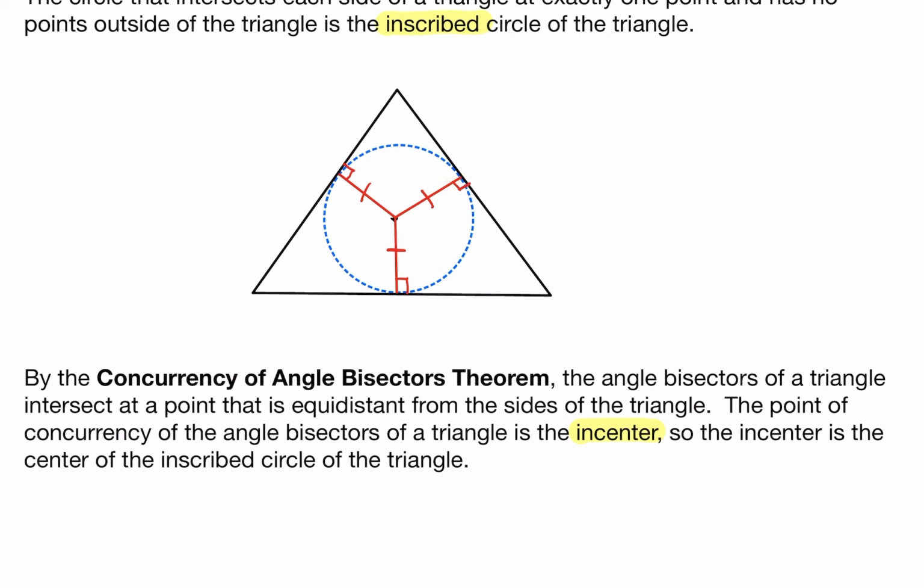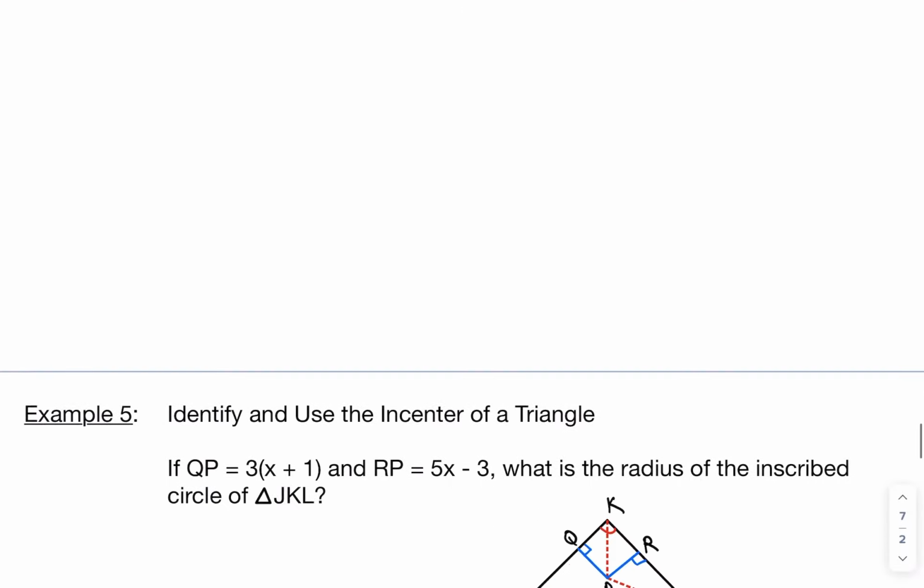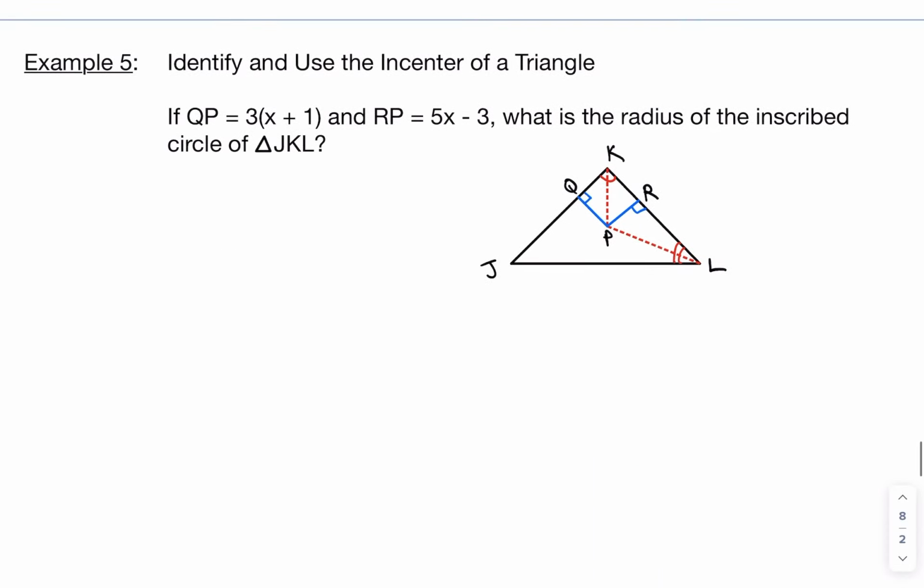Okay, and that point of concurrency, or in other words where they intersect, that is called the incenter. Okay, so the incenter also happens to be the center of the inscribed circle. Okay, all right, so let's go ahead and move on to example 5 and let's work this out.